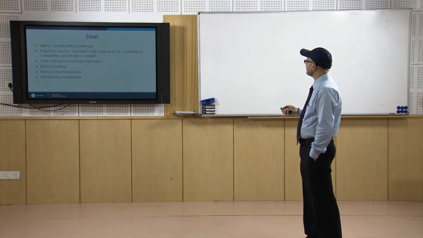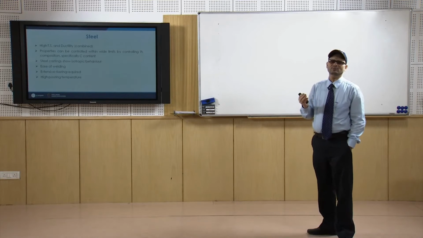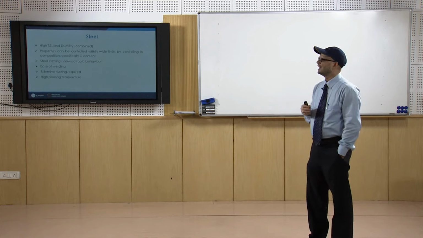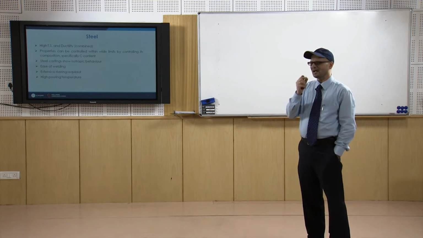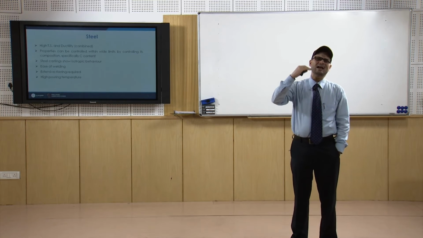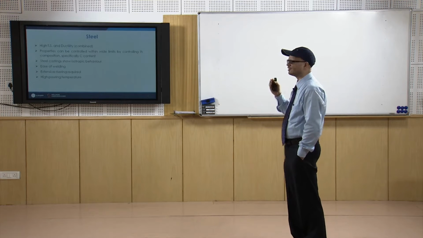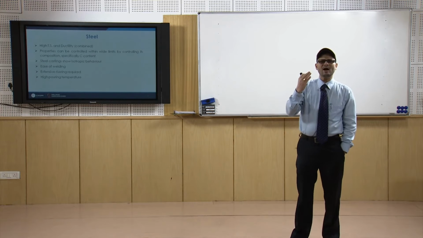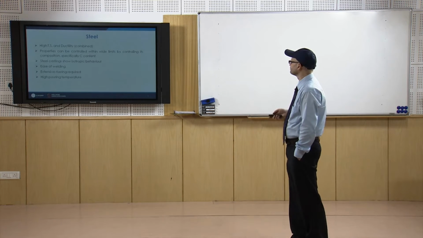The properties can be controlled within wide limits by controlling its composition. So, composition, especially the carbon content when we talk about carbon steels, and even if we go to alloy steels, there also we have to see what the carbon content is, and based on that and depending upon the alloying element you can control and impart a lot of properties in the case of steels.